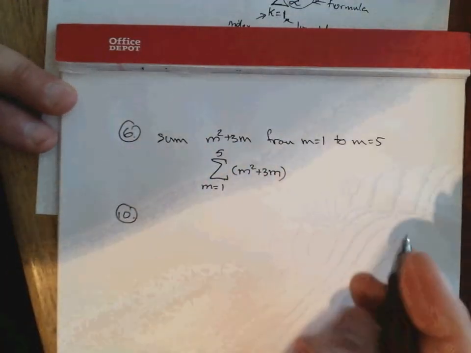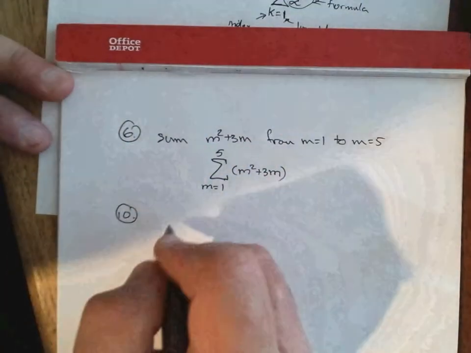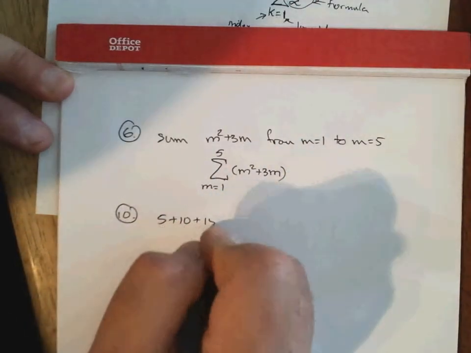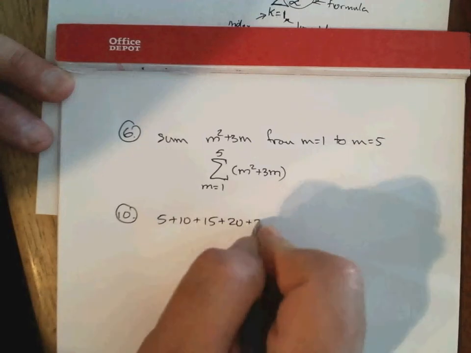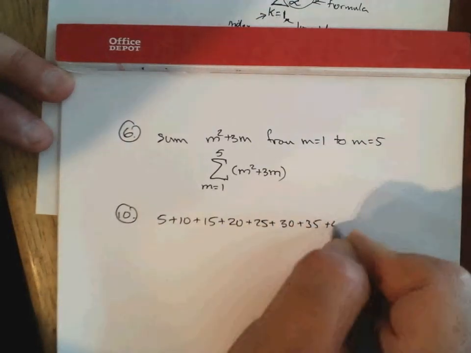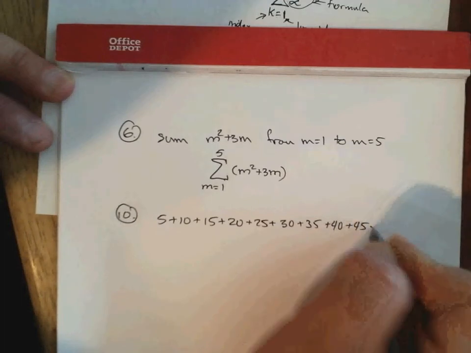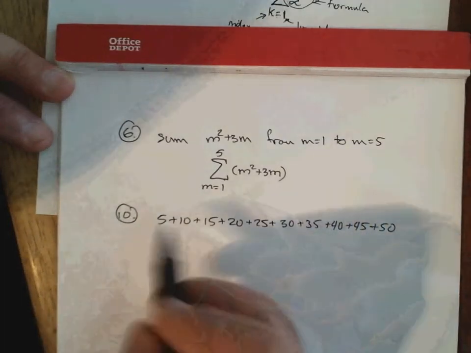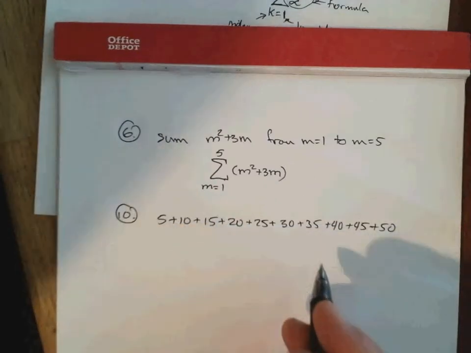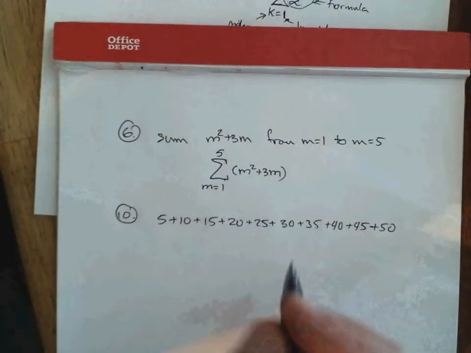In number 10, we're asked to express this arithmetic sum using summation notation, and the arithmetic sum they give us is this. And so it's easy enough to see that this is an arithmetic sum with a common difference of 5, right? You're simply adding 5 every time.